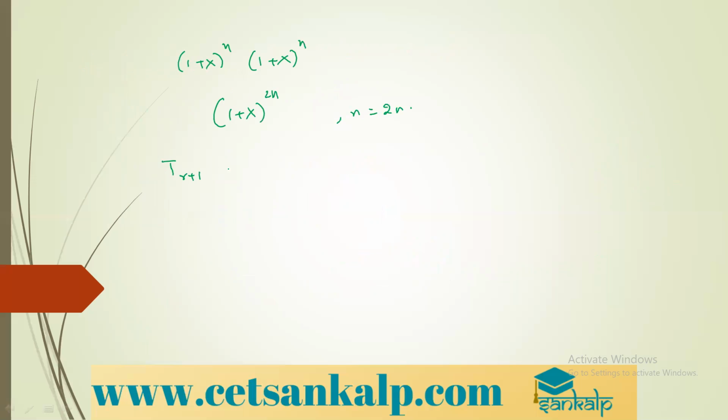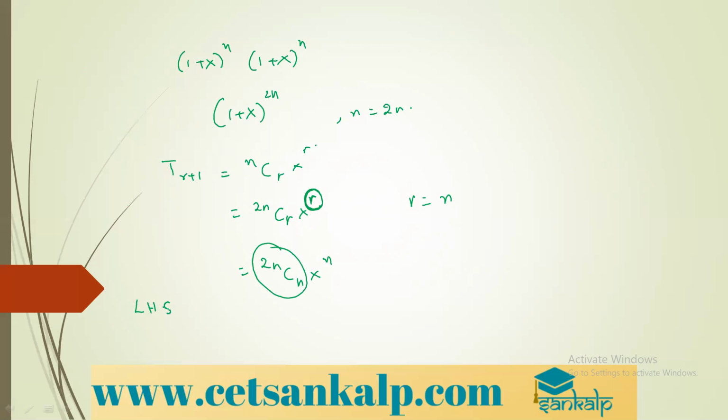I will take the general term nCr x power r. Here n is 2n, so 2nCr. I want coefficient of x power n. That means r I will take as n. So 2nCn x power n. This is the coefficient of x power n on the left side.